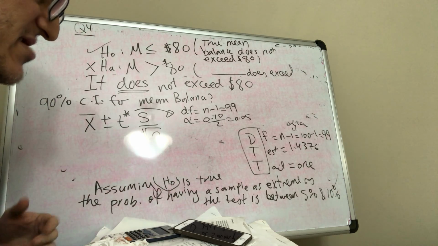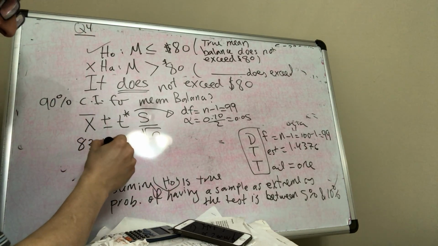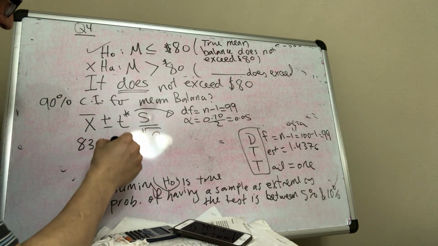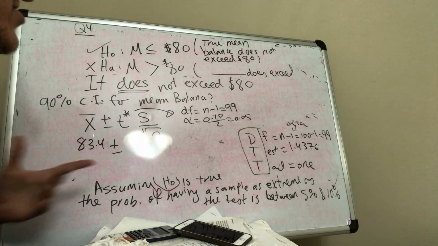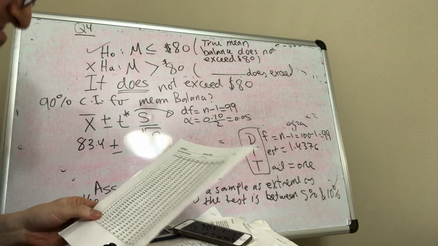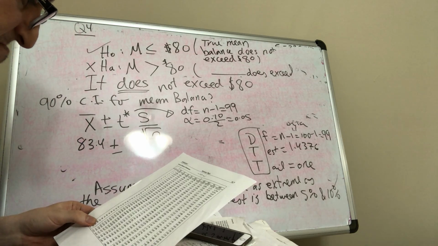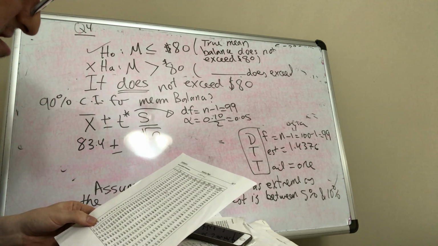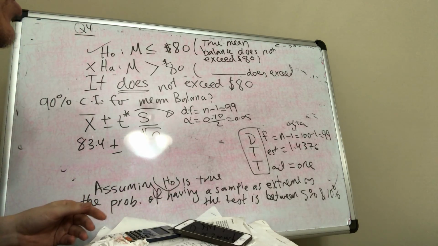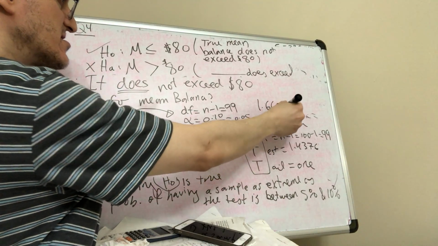We calculated the average, and it was 83.4, plus or minus. To get the T star, for 99, I'm going to use 90 since I don't have 99, and for the 5%, I'm going to use 1.662. So again, 1.662.